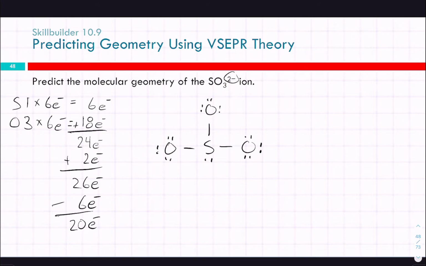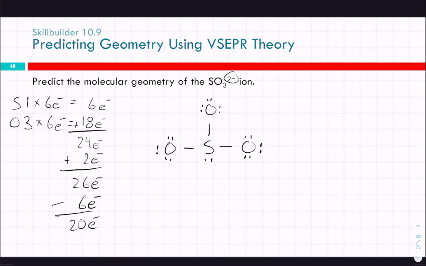Did I not place 2 electrons? I'll double check. 2, 4, 6, 8, 10, 12, 14, 16, 18, 20. So we got all our electrons. Oxygen has 8, sulfur has 8. So it should be good.